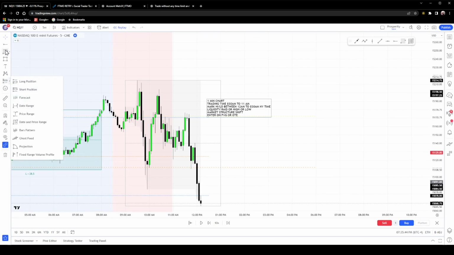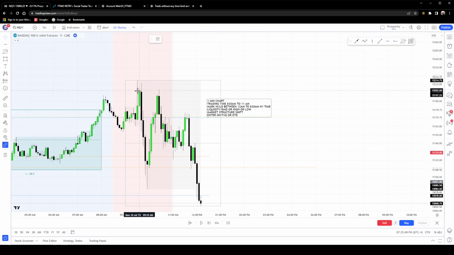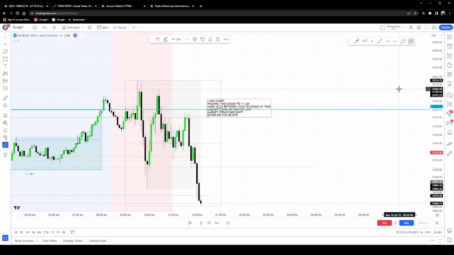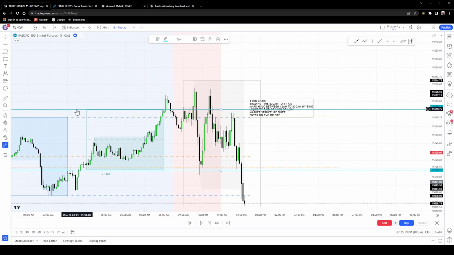I would wait for the break of the high or low of London. So at this point, in this scenario, you do have a break of the high of London, which happened here.